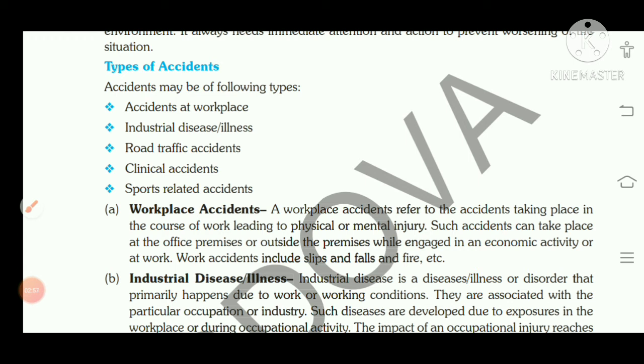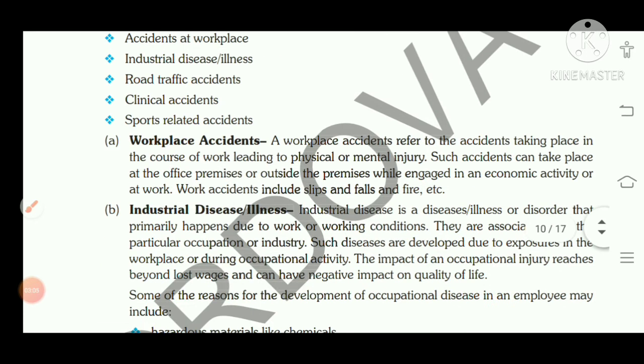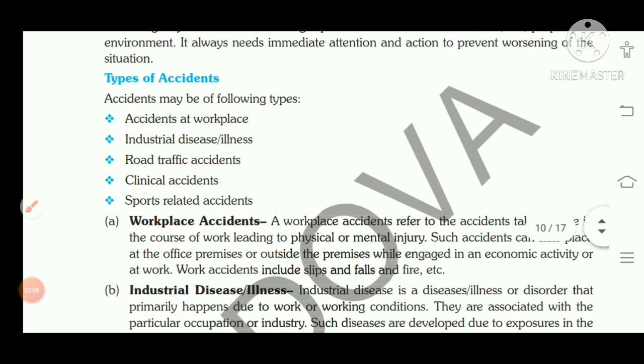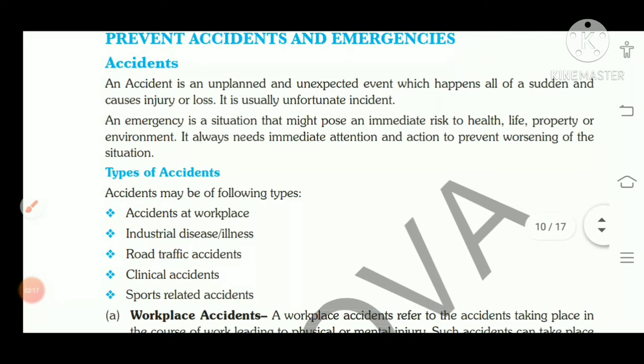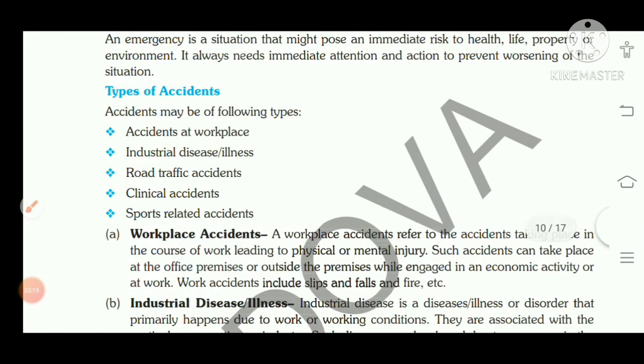Because of this environmental condition, these are industrial diseases and illnesses. Then road traffic accidents, clinical accidents, and sports-related accidents. So these are the types of accidents that happen. An accident occurs suddenly, and it is an unplanned or unexpected event.